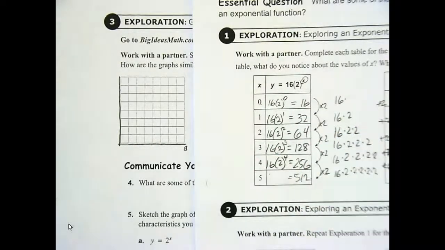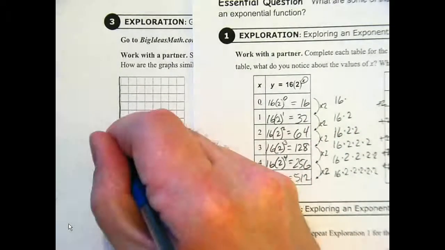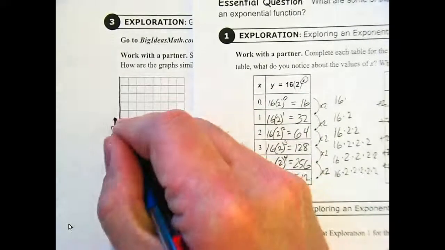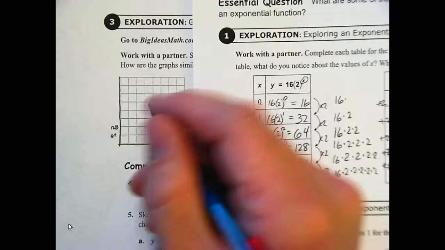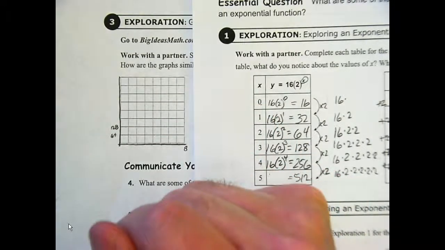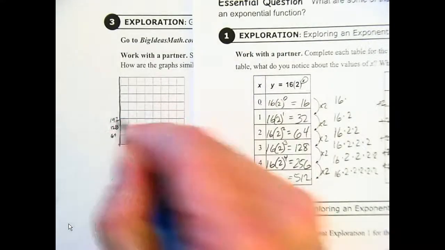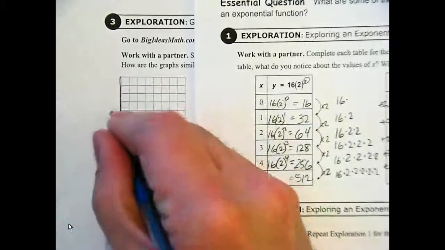Does 64 get all of them on there? 64, 128, what's the next one? 192, and then 256.